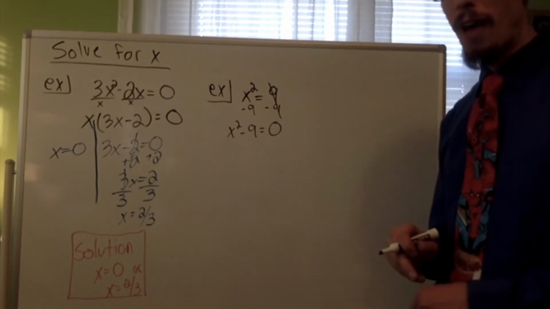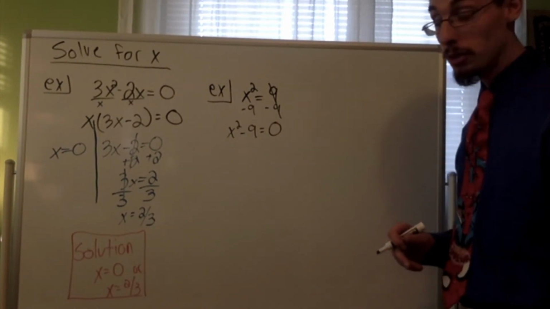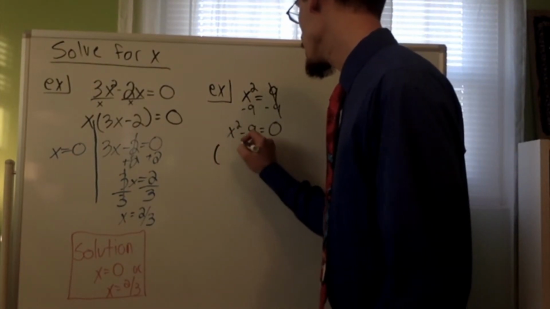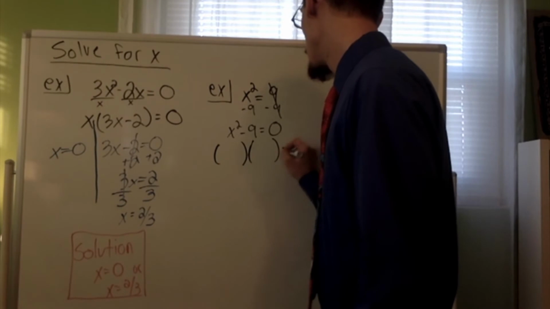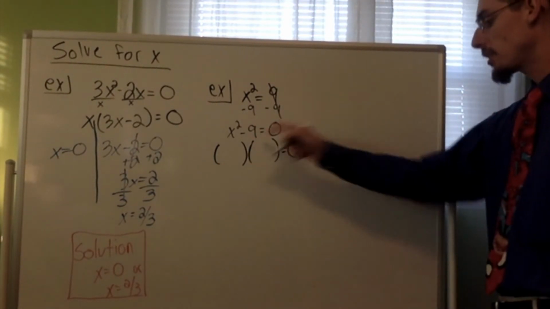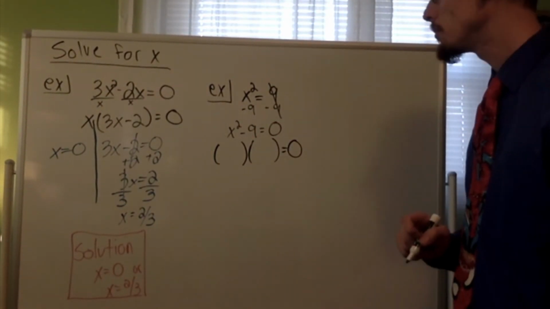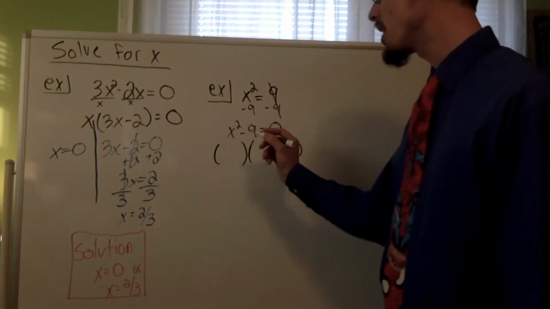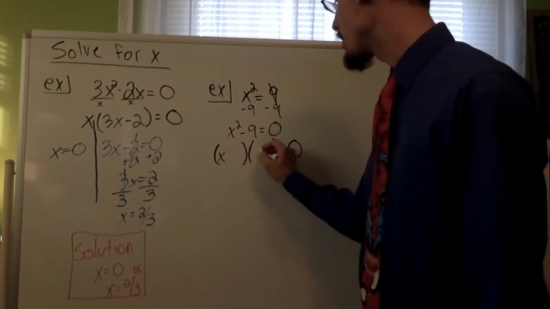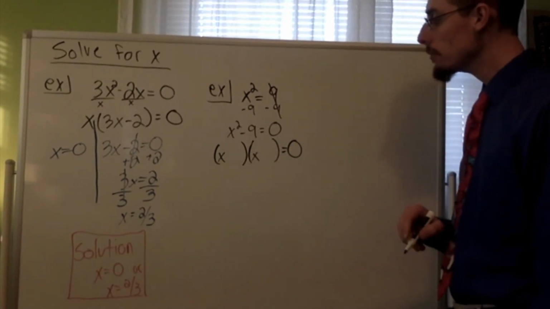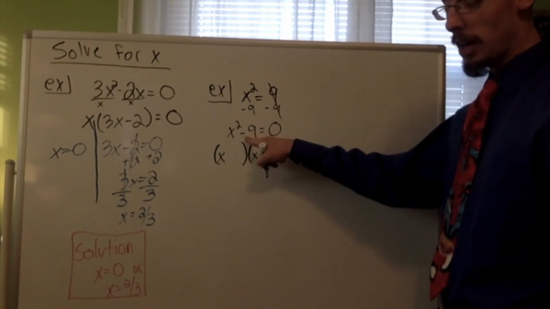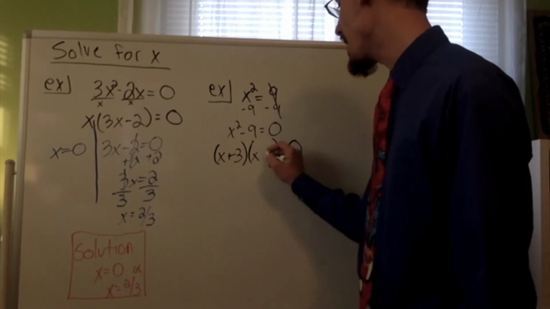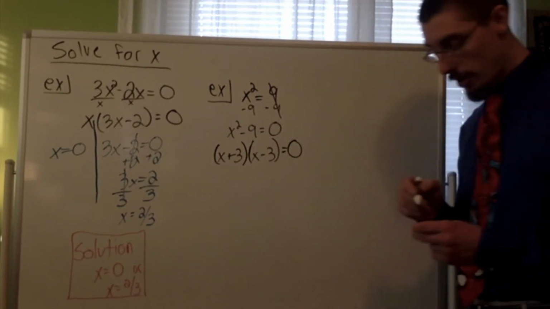So how do you factor by using the difference of squares? If you recall, it will still break down like this: something times something else equals 0. How do I make x squared? x times x, right? Now that's a negative 9, so I have to have a positive 3 and a negative 3.